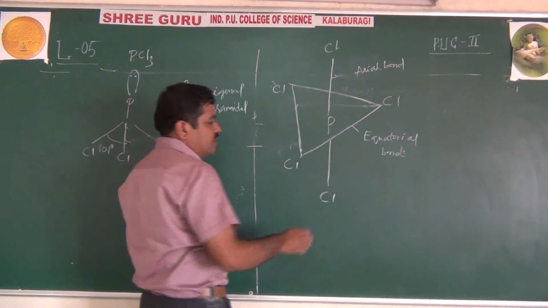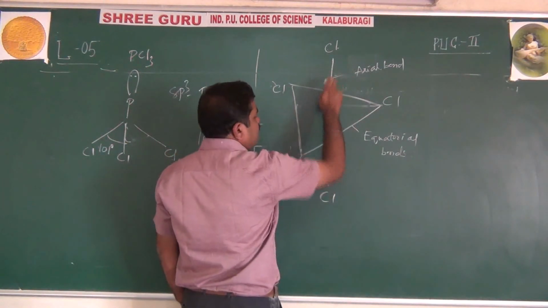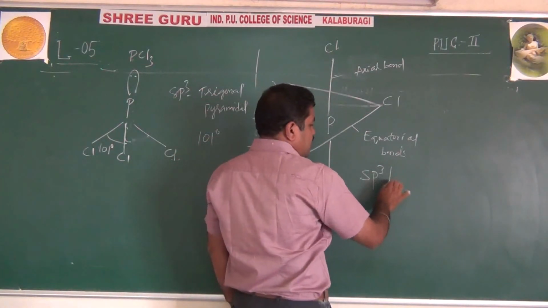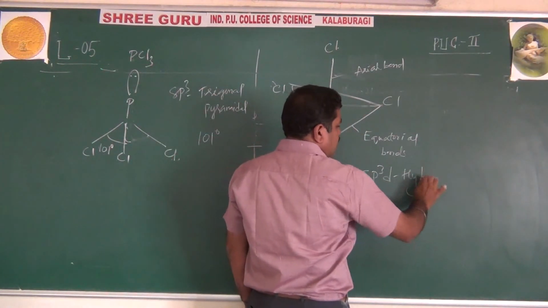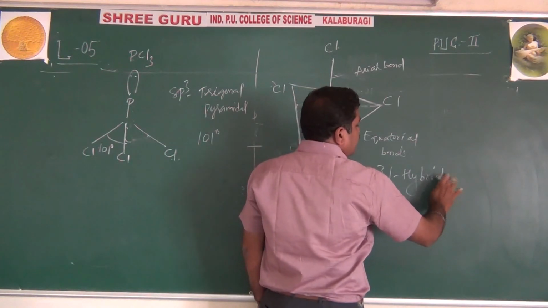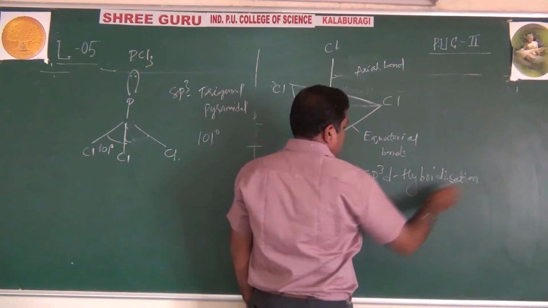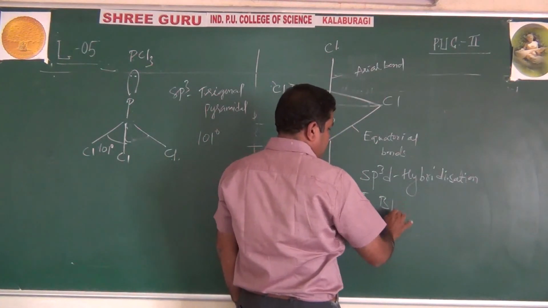Remember this PCl5, see it has 1, 2, 3, 4, 5 bonds. It has sp3d hybridization, having 5 bonding pairs of electrons.